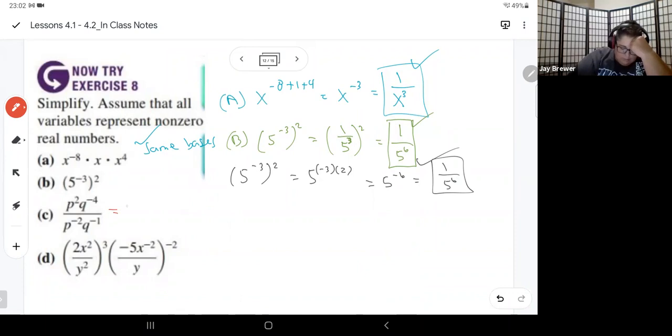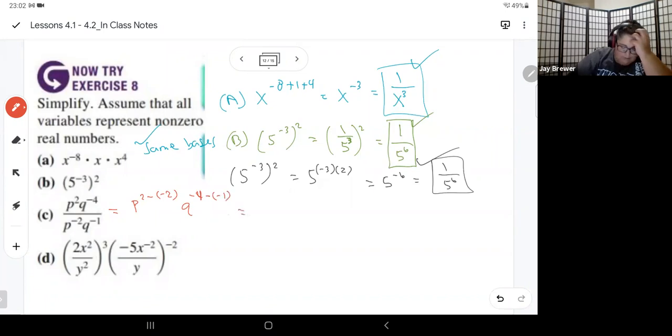Okay, so again, you have a couple different methods. I'm just going to do one of them. So p squared minus a negative 2, because that's coming from downstairs, right? All right, and then q to the negative 1 minus a negative 1.